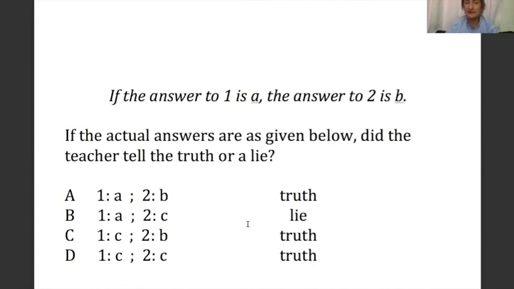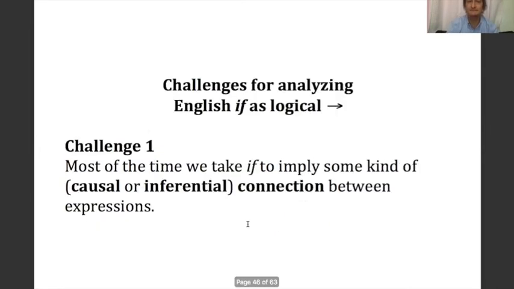But in the other two cases, the teacher gave you something that maybe was less than helpful. I don't know. But they didn't lie. They still spoke the truth in those cases. Okay, so this is a case where the analysis of if as logical arrow is plausible, possible. It seems to fit with our intuition.